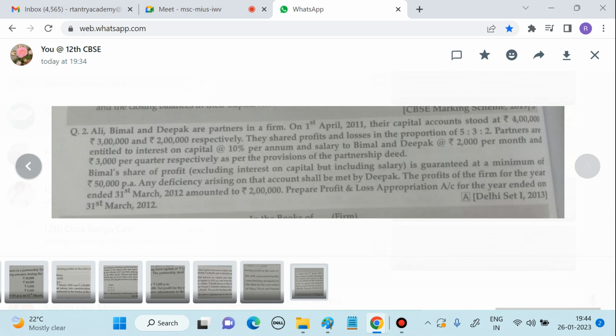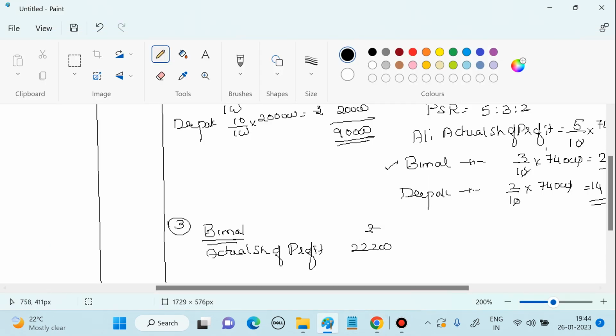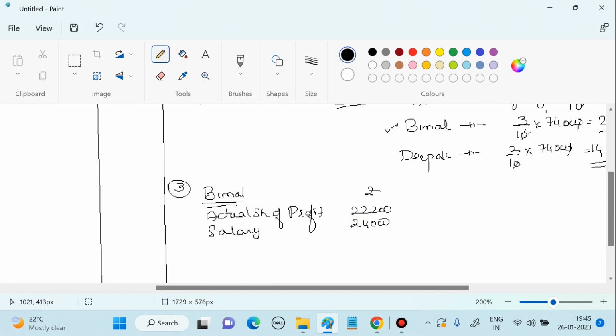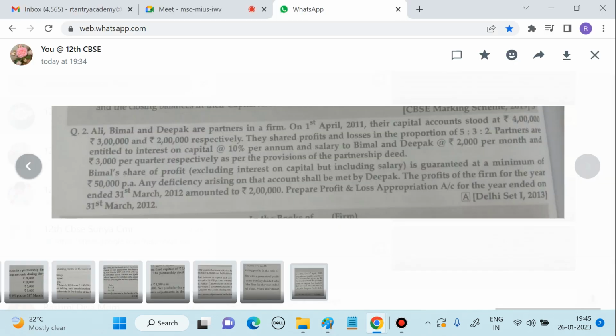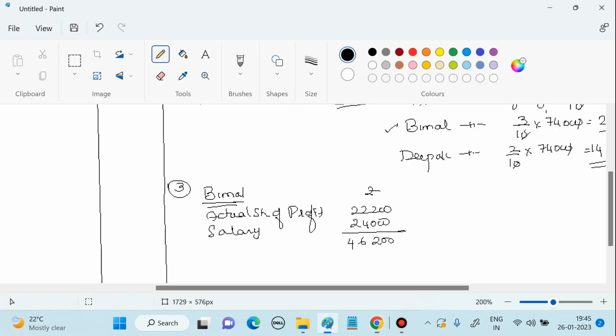How much was the salary to Bimal? 2,000 per month? 24,000 is the salary. So total that up. 46,200. That they said is guaranteed minimum of 50,000 per annum. So that we have to compare with the guaranteed profit.